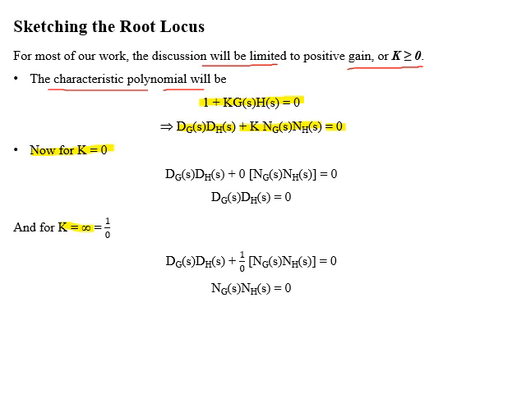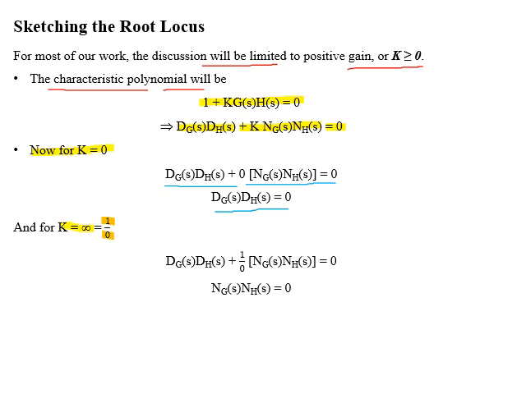Now if we substitute the value of K equal to 0 in the characteristic equation, we get Dg of S into Dh of S equals 0, which means that at start, or for gain equal to 0, the closed loop system poles are at the location of open loop system poles, which are those of G of S into H of S. Now the maximum value of K, which is infinity, can also be written in the form of 1 over 0.